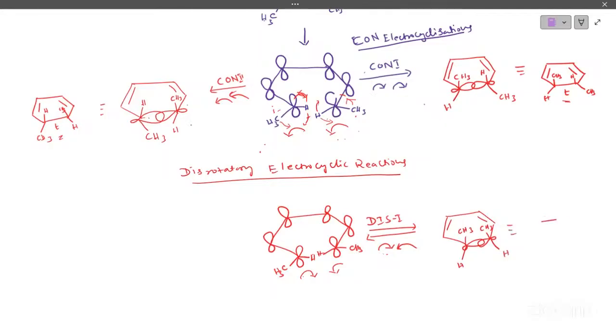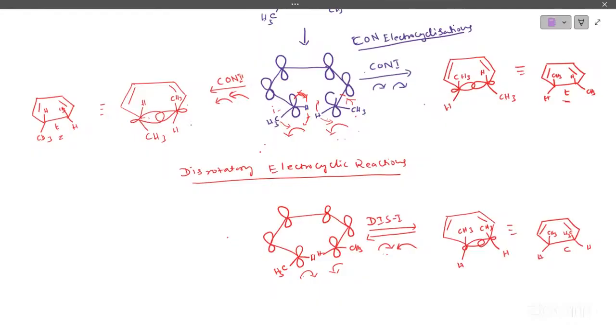Therefore, the product is CH3, hydrogen, hydrogen. Then the product is the cis product.